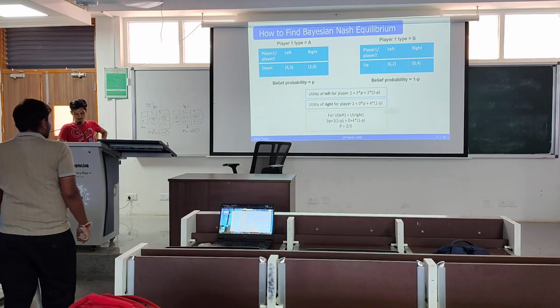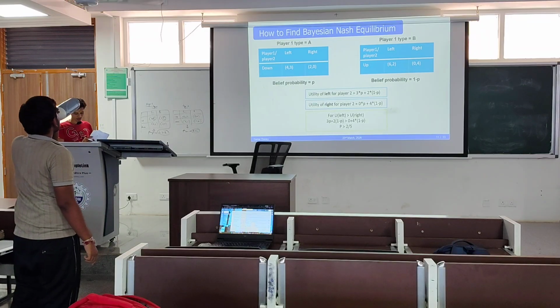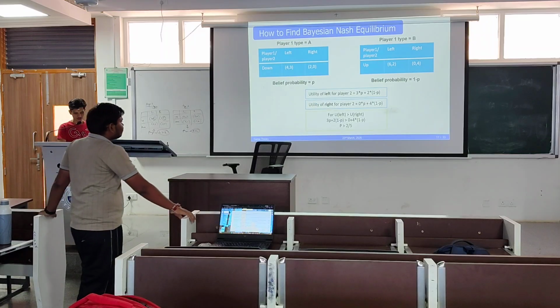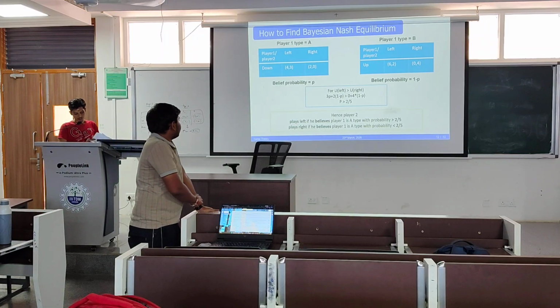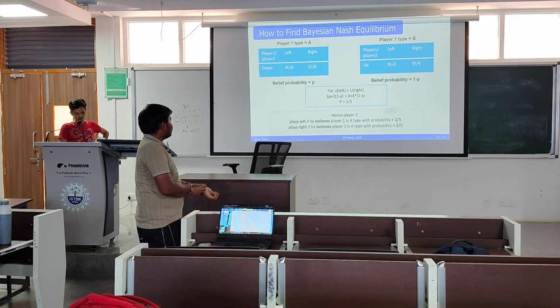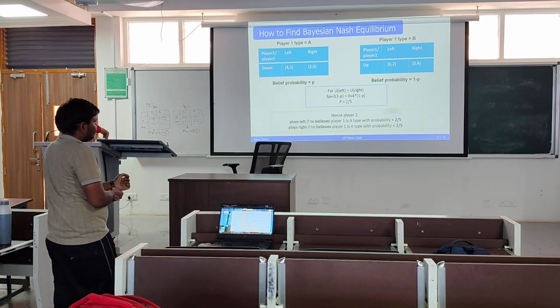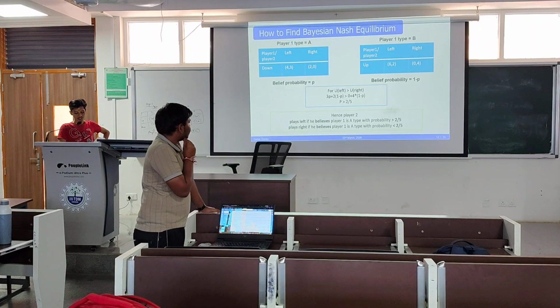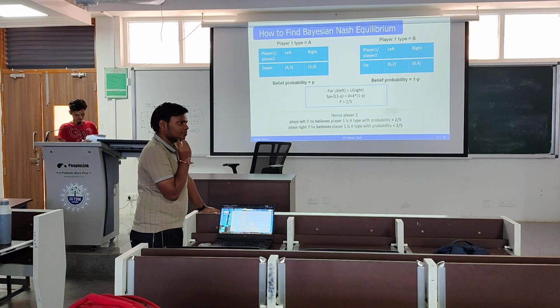If P is greater than 2 by 5, he will most probably choose left. The conclusion is that player 2 has two choices. He plays left if he believes player 1 is A type with probability greater than 2 by 5, and he plays right if he believes player 1 is A type with probability less than 2 by 5.